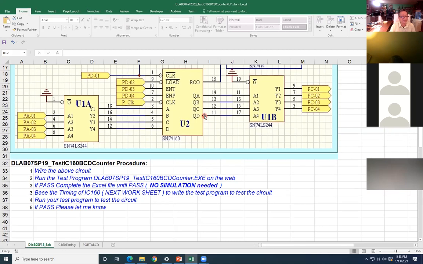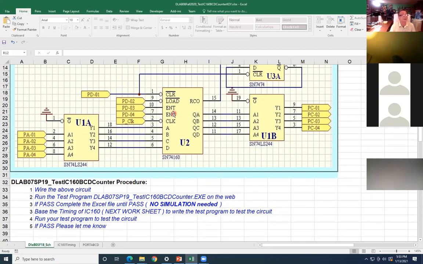Okay. Next step, make sure that pin number 1 here, PD01, has to be logic 1. Okay, and also, let's say, load PD02 must be 0 to load.